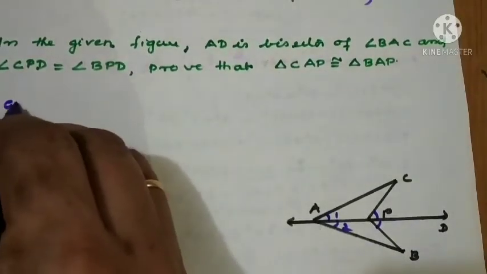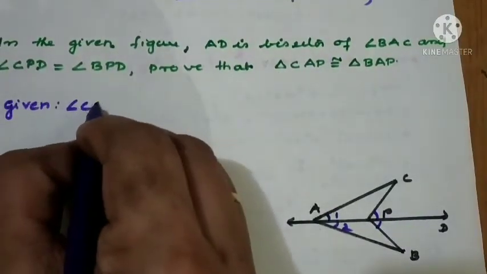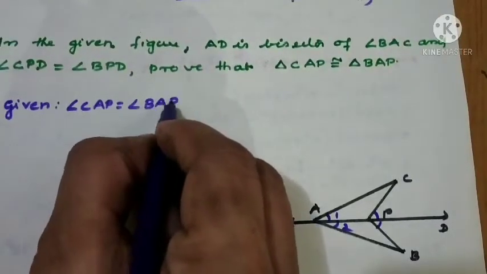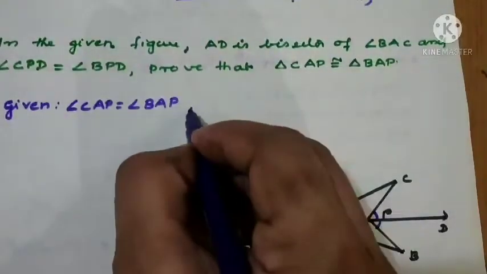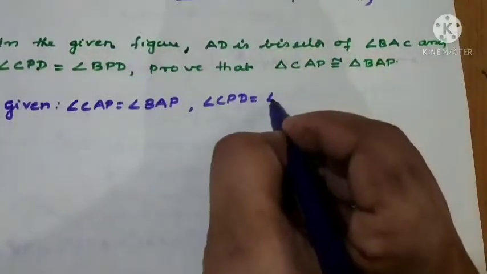So given angle CAP equal to angle BAP, next angle CPD equal to angle BPD.